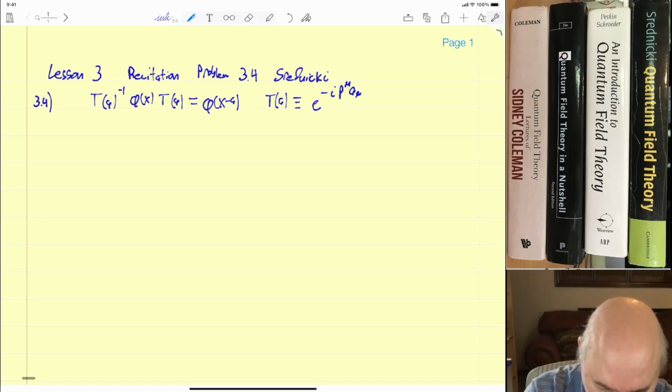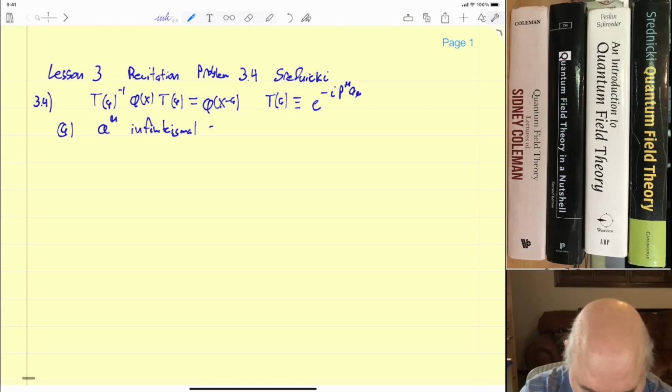Okay, so the first thing it says to work out is assuming our parameter is infinitesimal, so that implies that T of A is approximately 1 minus I P mu A mu, and T of A inverse is approximately 1 plus I P mu A mu.